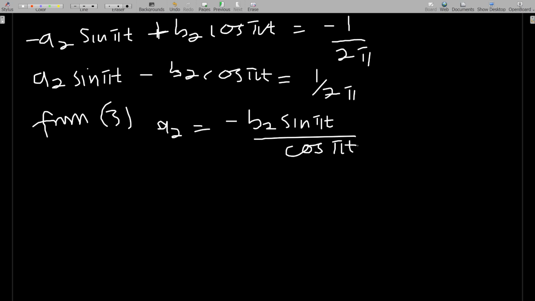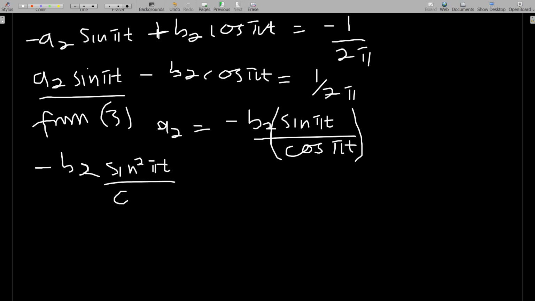So this simply means that if I put a2 here, I'll get something like minus b2, then I multiply the whole of this by sine pi t. We have sine pi t already there, so I have sine squared pi t over cos pi t, minus b2 cos pi t, and it's equal to 1 over 2 pi.